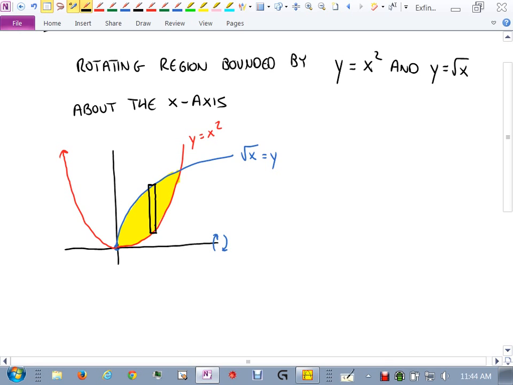All right? So next to this picture, I'm going to draw my axis of rotation. Okay, there's my x-axis. That's y equals 0. I'm going to draw my rectangle up here.